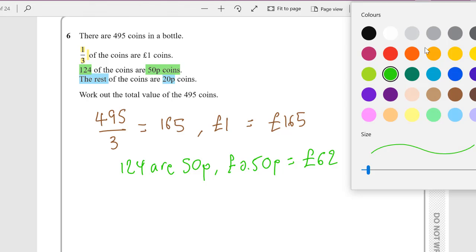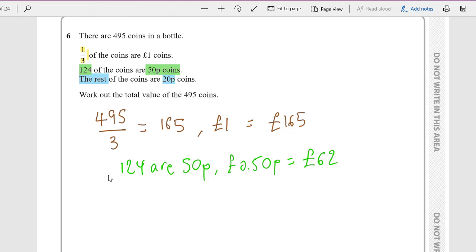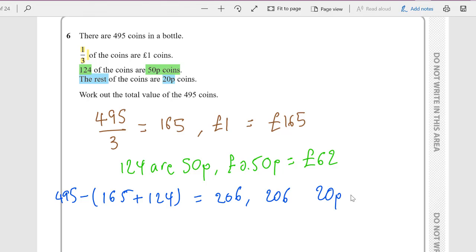So we've got 165 plus 124, and then all of this is going to be subtracted from 495. So that will give us in total 206. So we know that 206 coins are going to be 20p coins.